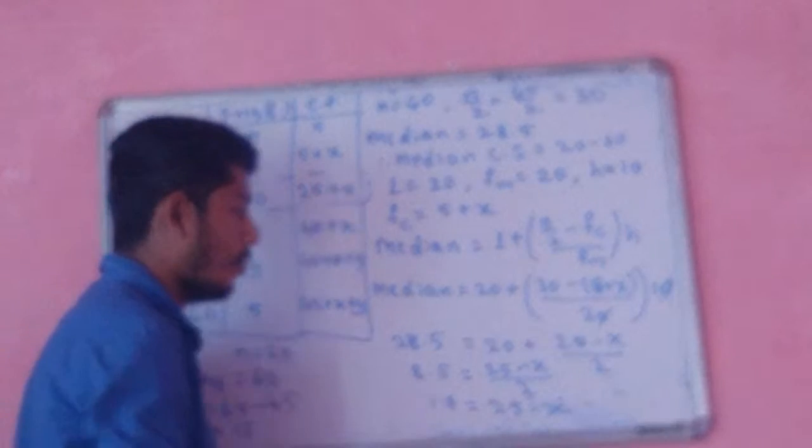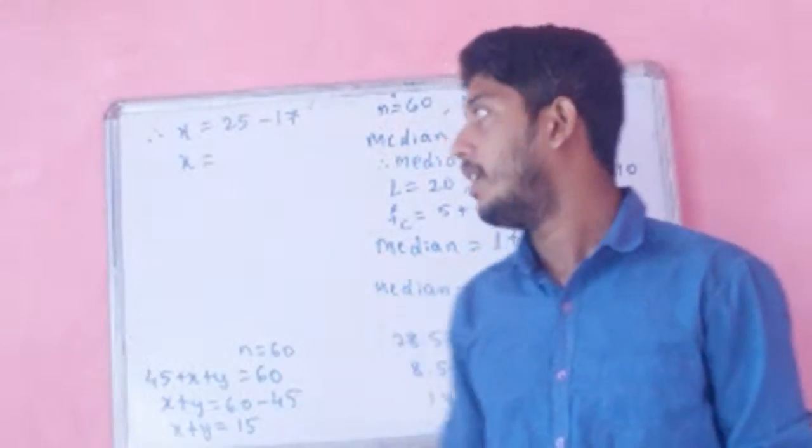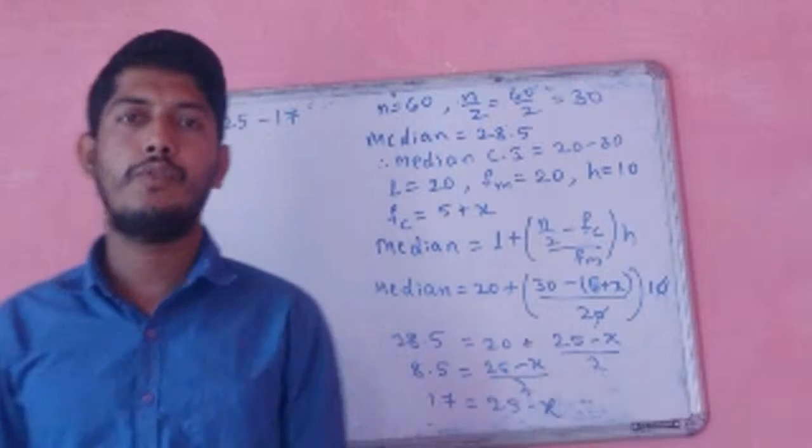I take the minus x to the left hand side and 17 to the right hand side, and the signs change. So x equals 25 minus 17, which gives 8. So the value of x here is 8.